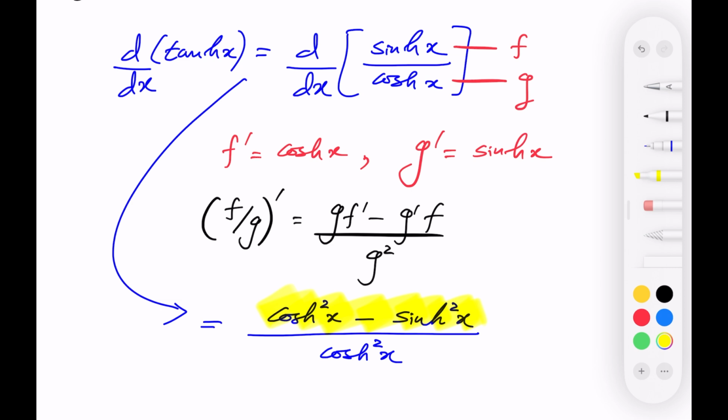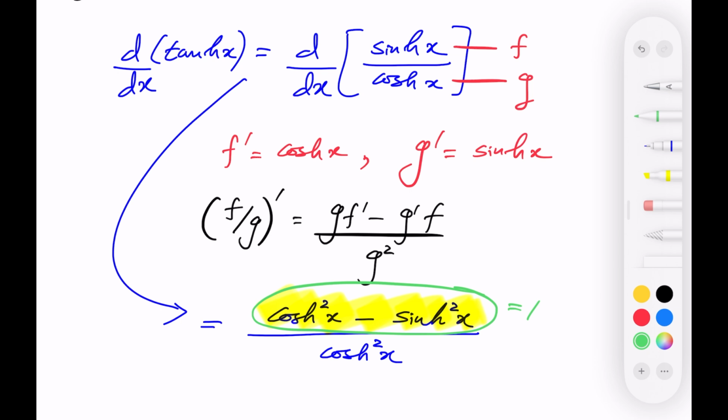During our last discussion, in which I introduced the hyperbolic functions, I also discussed the 3 forms of the Pythagorean identities for hyperbolic functions. In that video, we saw that hyperbolic cosine squared x minus hyperbolic sine squared x is equal to 1.